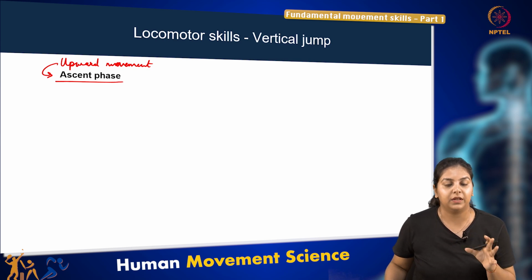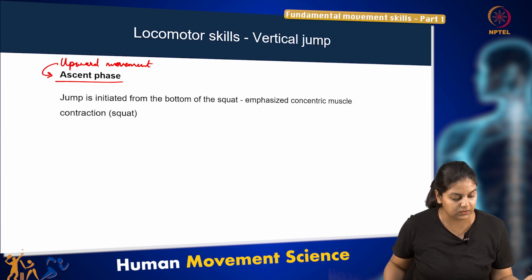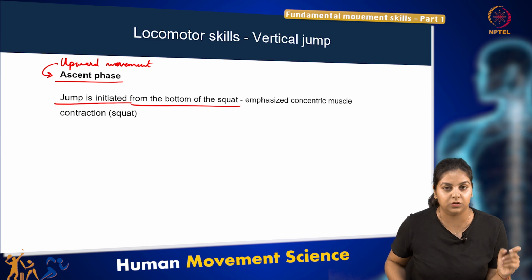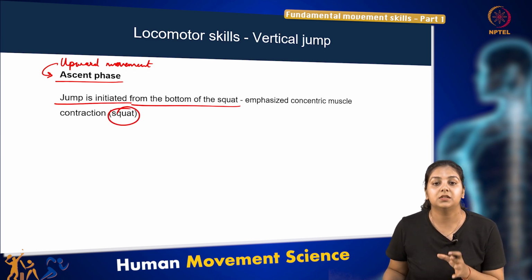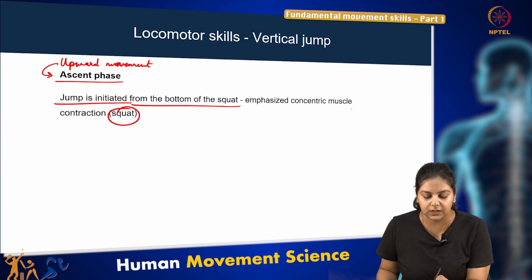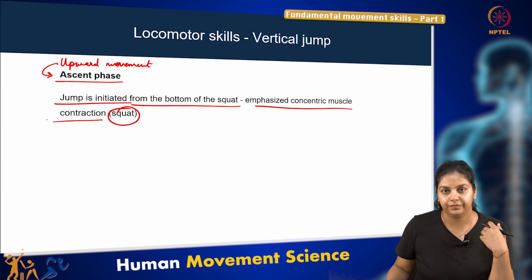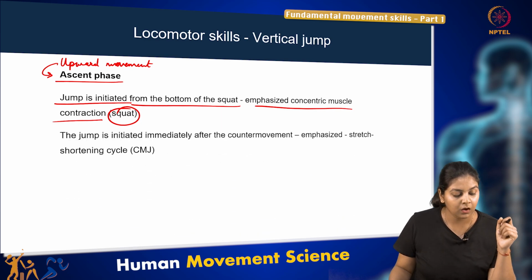So this is exactly where you initiate the jump and you start the jump, right? The jump is initiated from the bottom of the squat where it comes to the squat jump. And here you are looking at mostly concentric muscle contraction to be able to execute that jump, right? So it is stressed by concentric muscle action.